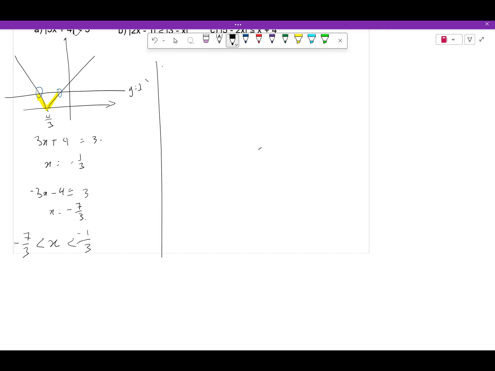But again, your sketching does not need to be perfect like this. Okay, sketching is to check your answer and how many answers you have.